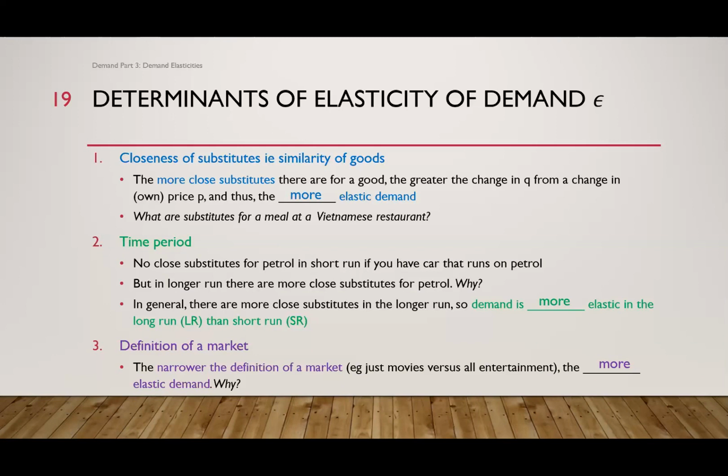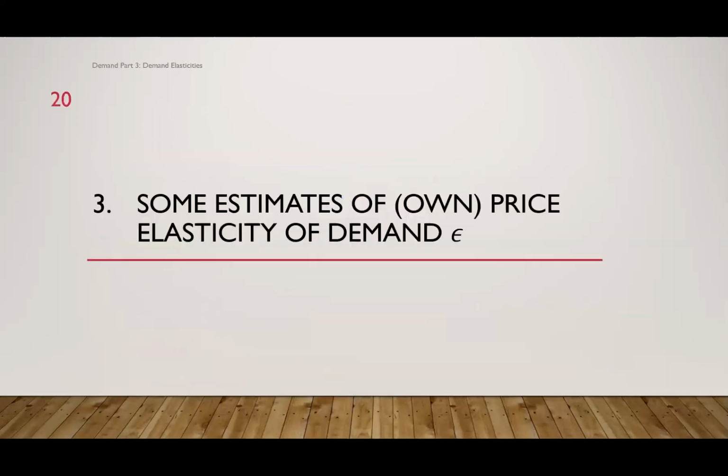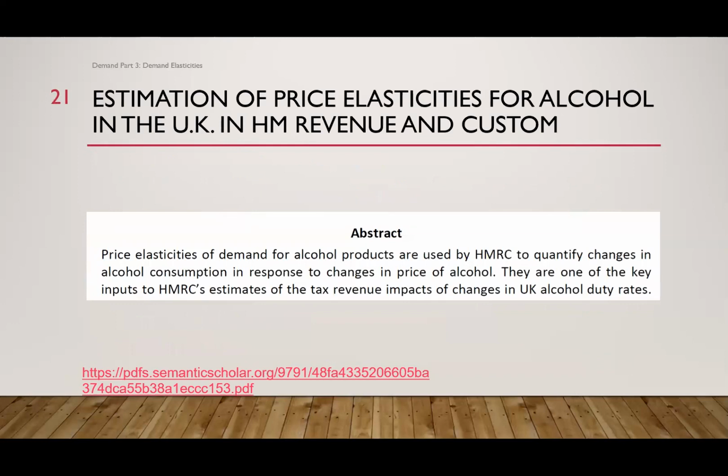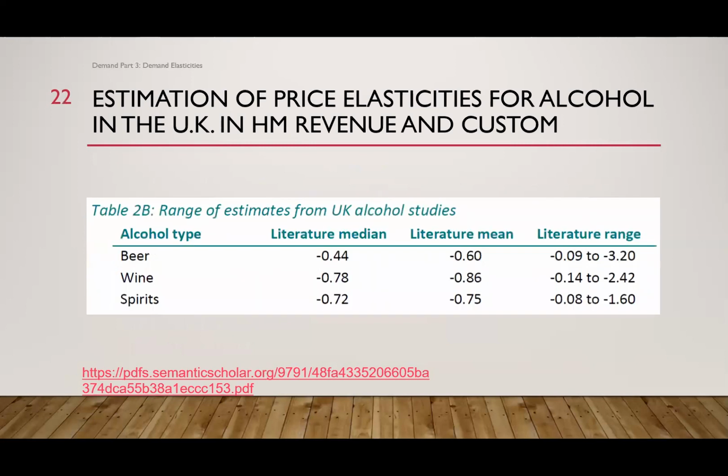I just want to show you now some studies to give you a feel for the applications of price elasticity of demand. Okay. All right, so the first one is from the UK Revenue and Customs Service, and they're estimating the price elasticity of demand for alcohol products. So here's what they find.